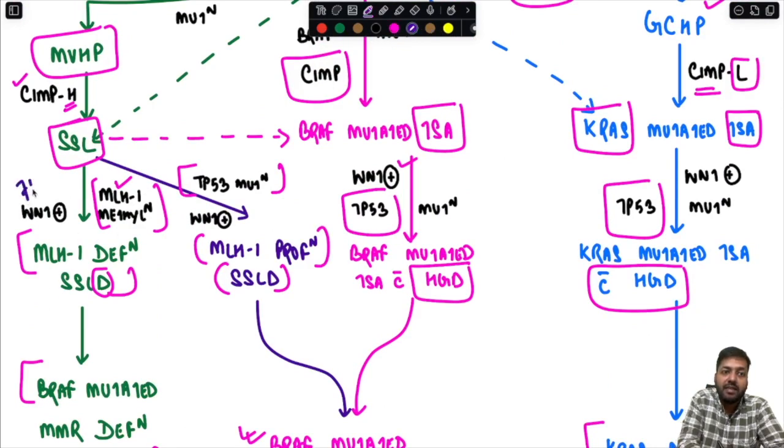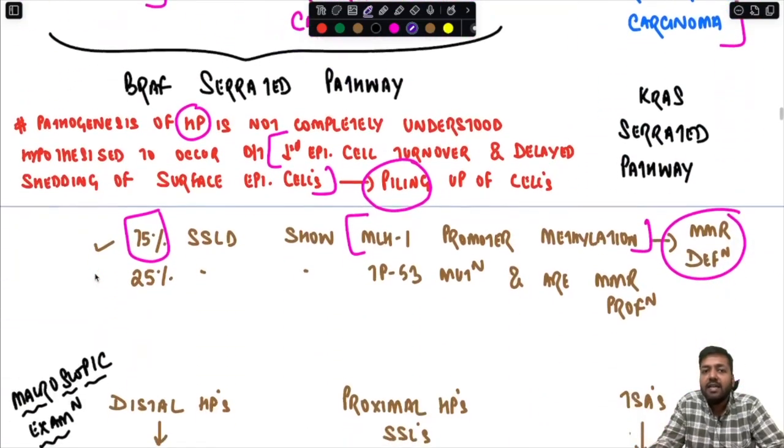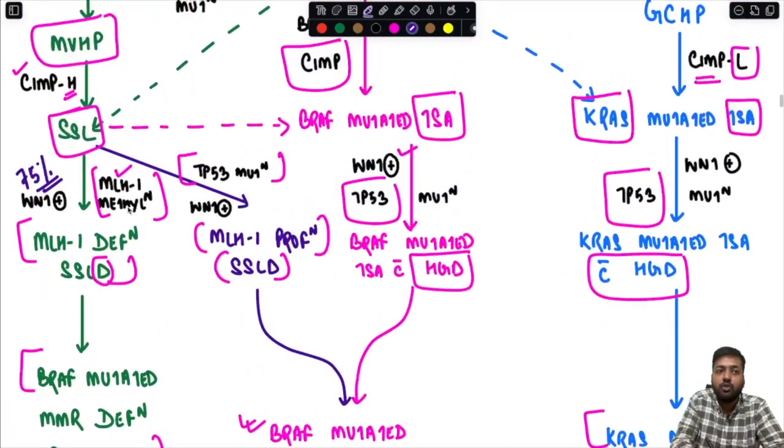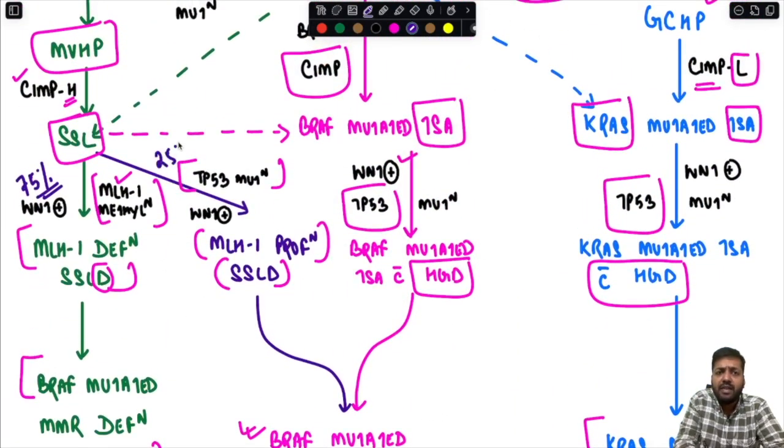The SSL will have this MLH1 deficiency and give rise to MLH1 deficient SSLD. Whereas 25% of SSLD can show TP53 mutation and are MMR proficient, as I can show you over here. 25% can have TP53 mutation and give rise to MLH1 proficient SSLD.